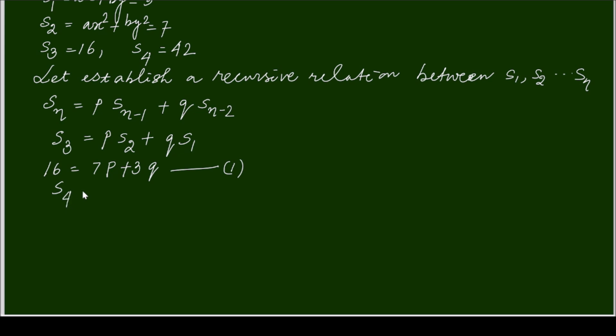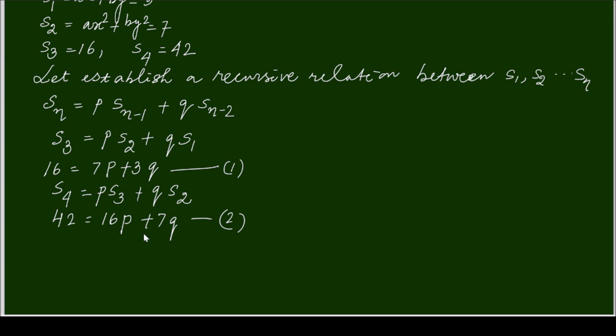S4 equals P times S3 plus Q times S2. So there will be a linear relation: 42 equals 16P plus 7Q. This is equation 2.